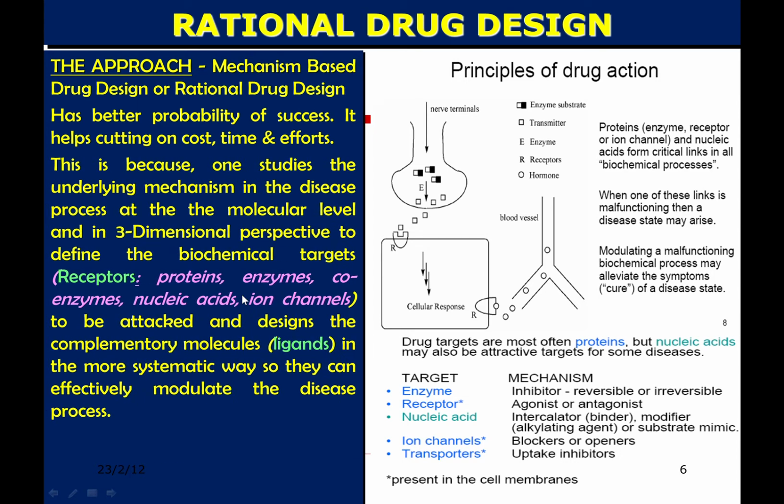This is because one studies the underlying mechanism of the disease at a molecular level and in three-dimensional perspective, and all these targets, as we had discussed, are attacked by complementary fitting molecules or ligands in a very systematic way, in silico, through bioassays and other modes, and you end up with good results. You get a good guarantee of results.